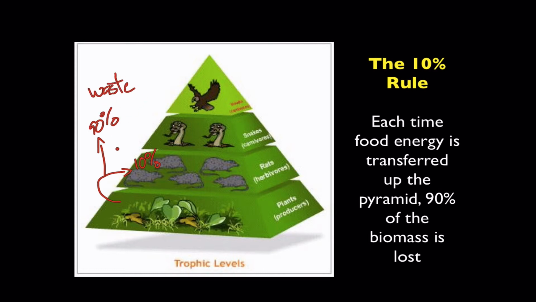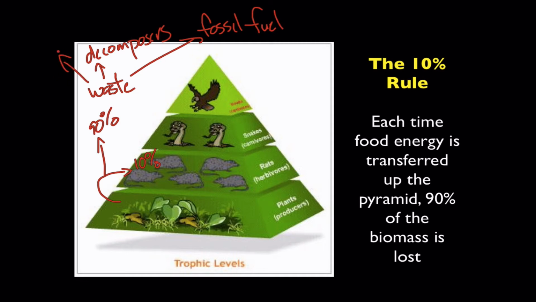It's leftover dead stuff, which may go on to decomposers. It may stay in the ground and become fossil fuel. It may just lay around as dead stuff. So the point is the energy transfer is very inefficient. Only about 10% of the biomass gets transferred up.